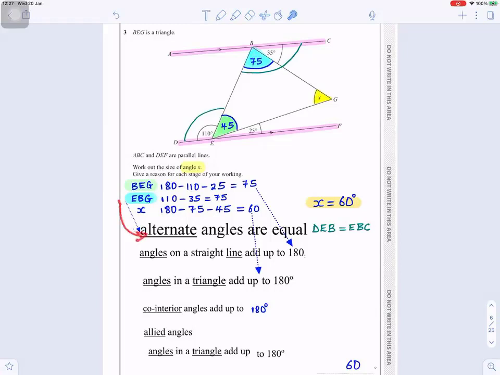The reason is alternate angles are equal, DEB equals EBC. And the last one, 180 minus 75 minus 45 is 60. The reason is angles in a triangle add up to 180 degrees. So your answer is 60 degrees. I've got here three other reasons which you can use to answer that same question.